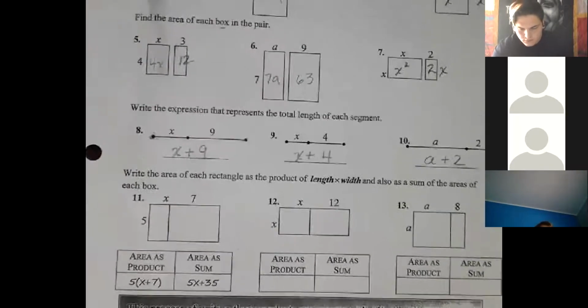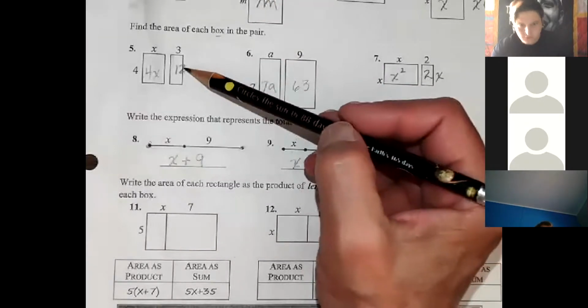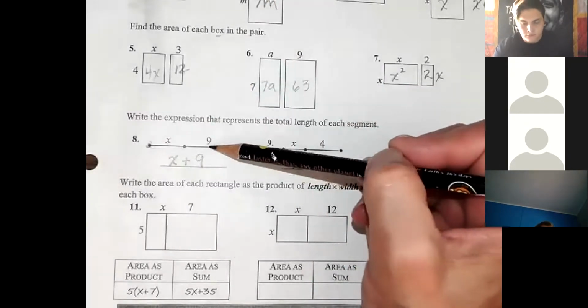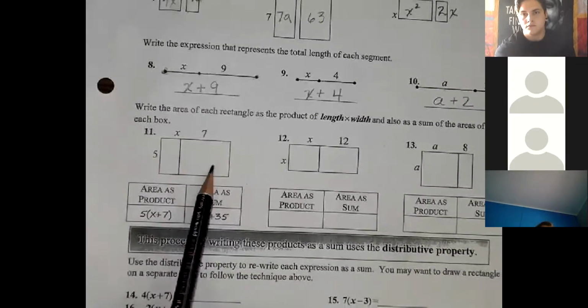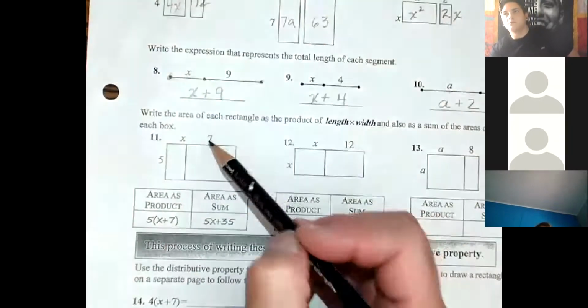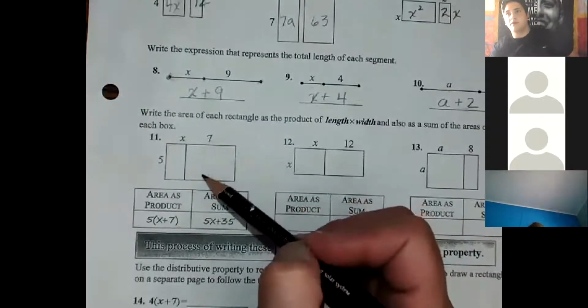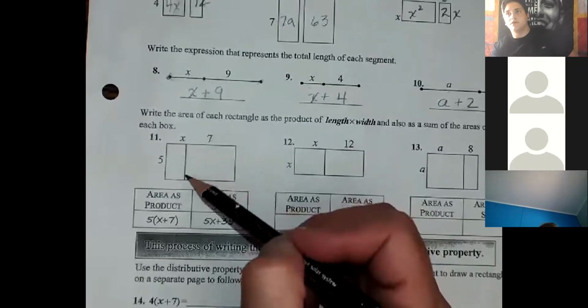Okay, now we're going to combine these ideas. This time we have 2 rectangles. We know the dimensions of one of them. We also know the dimensions of this one, because this length is the same as that.